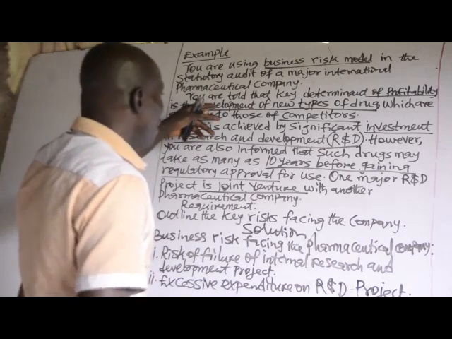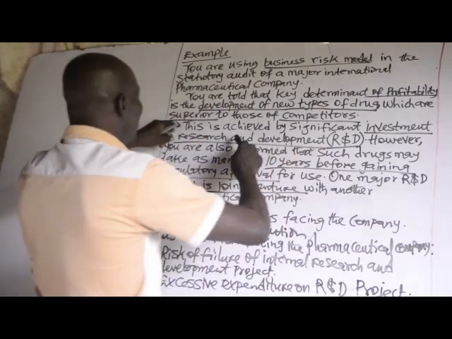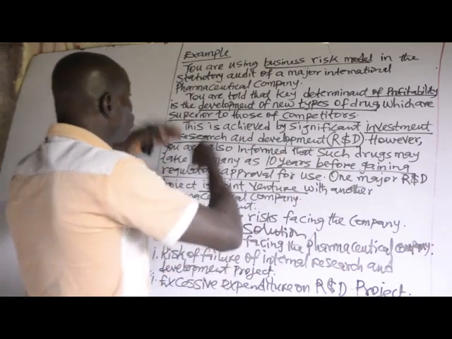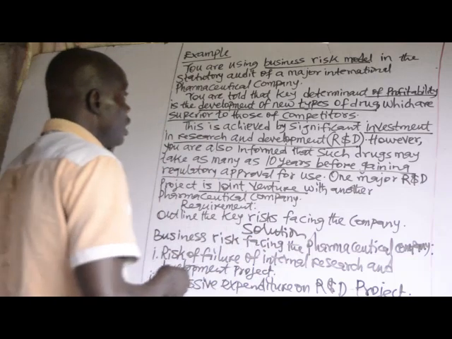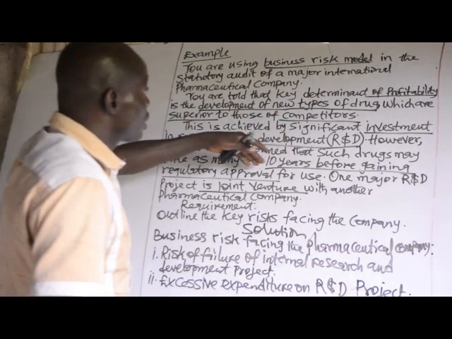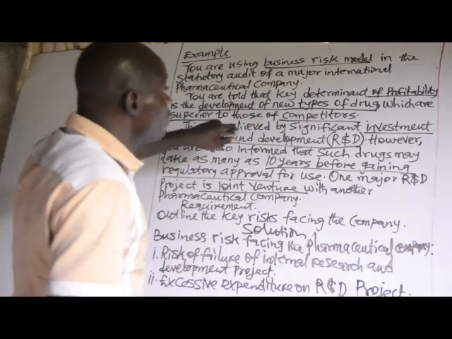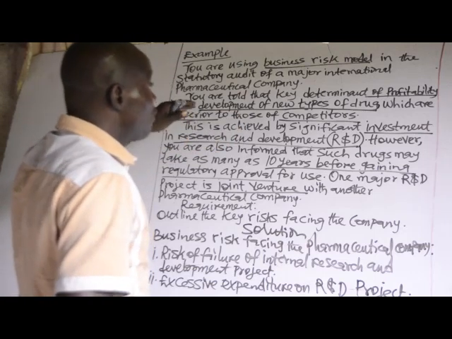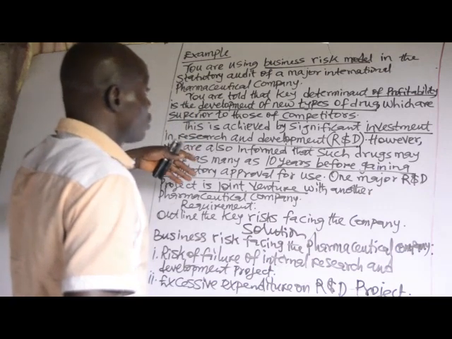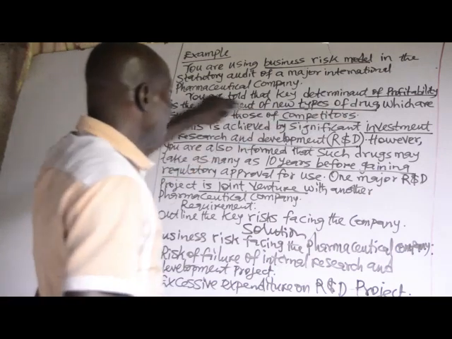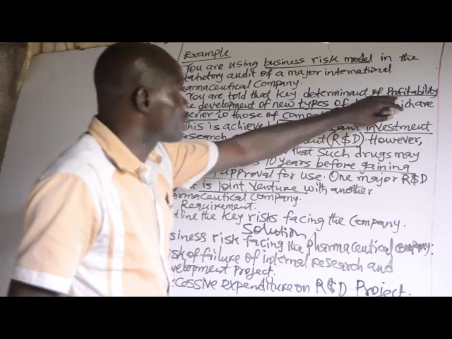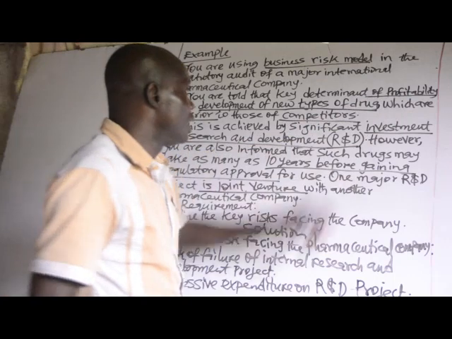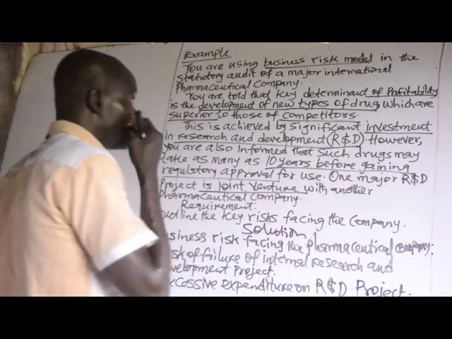Now, remember, they want to invest in new drugs, and that might lead to reduction in the production of the existing drug. Where there are no sufficient new drugs in the pipeline to sustain profitability, that poses a significant business risk.